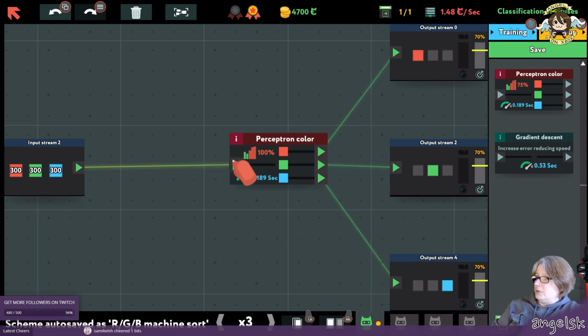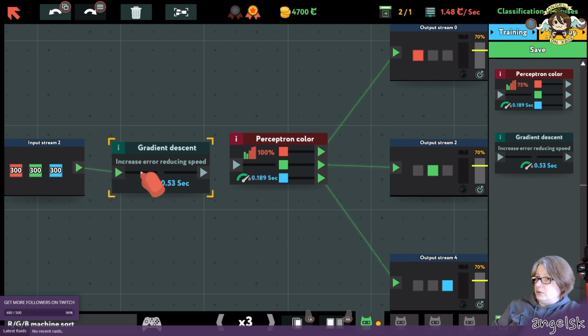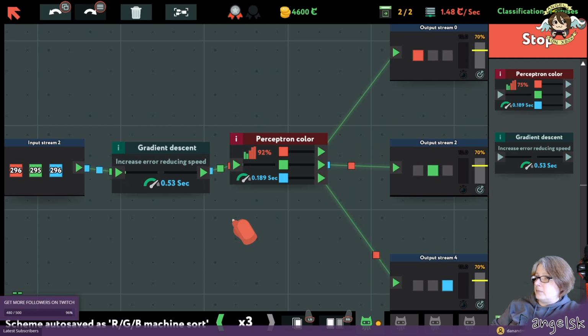Do we need to pull it through error reduction? Did it say it only worked in training mode? Ah, yeah.